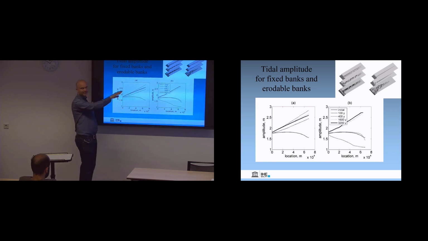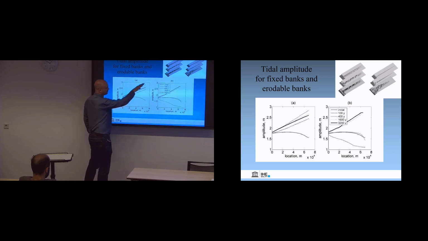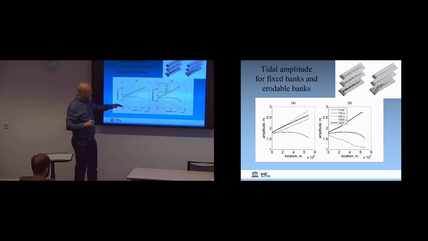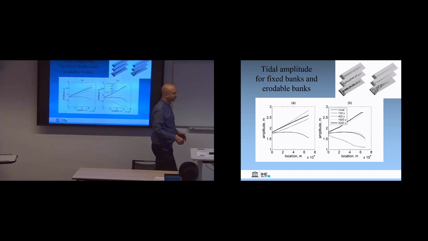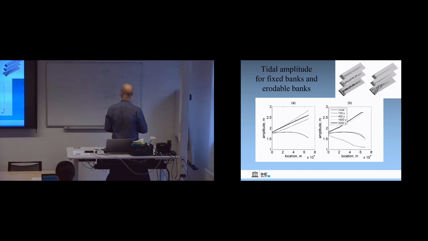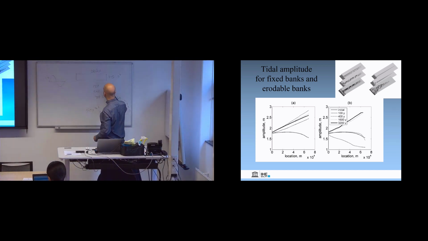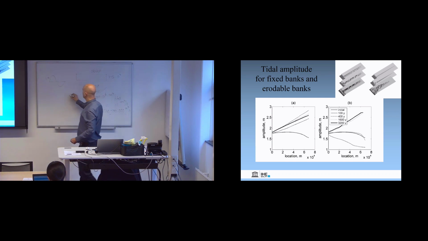So what's happening here? The tidal amplitude increases in a deeper basin, and that's true because we measure it. The farther you go inland, the higher the tidal difference becomes. Why is that? Because if you take a tidal wave, this is the length of the tidal wave.